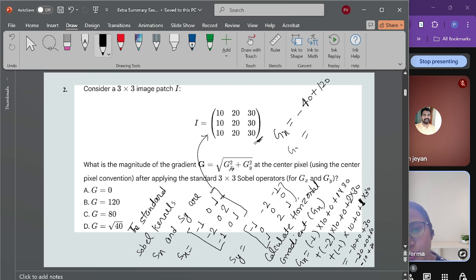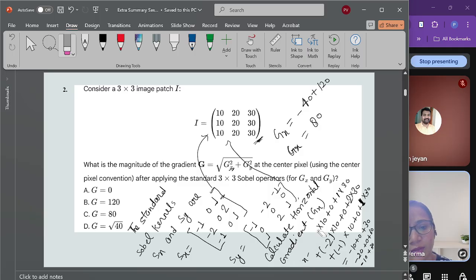So gx overall you will get 80 here. Similarly, we have to multiply for gy also. Multiply the vertical Sobel operator to the image patch, and then you will get the vertical gradient gy.